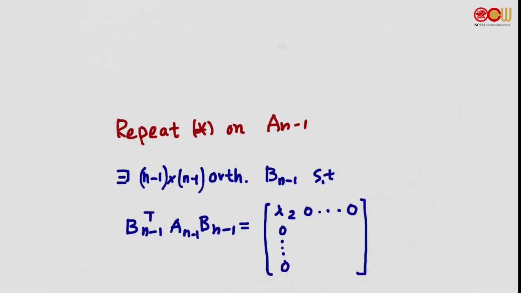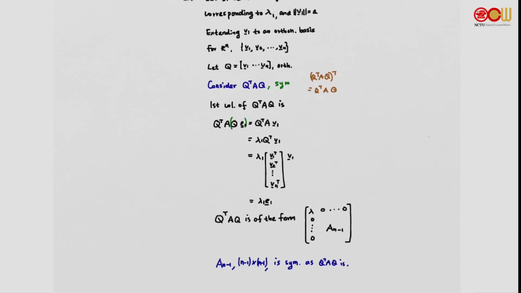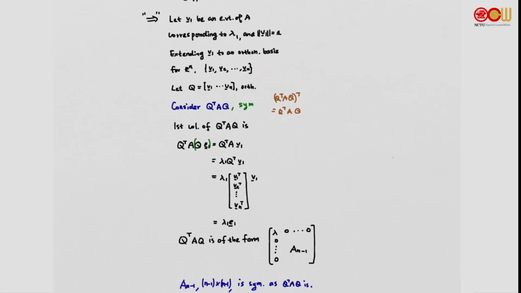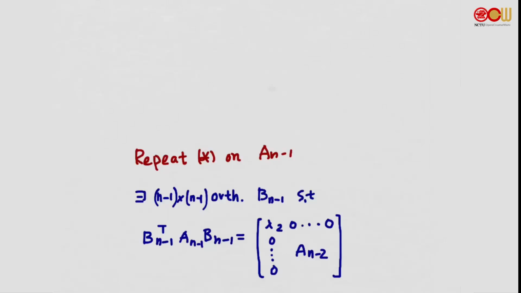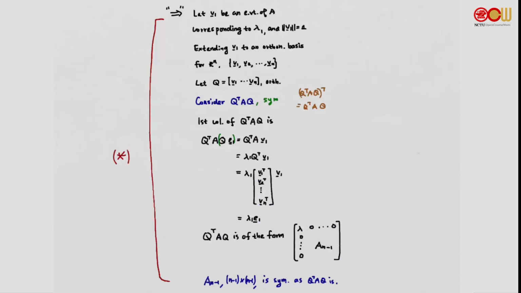Now that we have a smaller symmetric matrix, A_{m-1}, then we can repeat what we have done in the previous step. So what have we done so far?